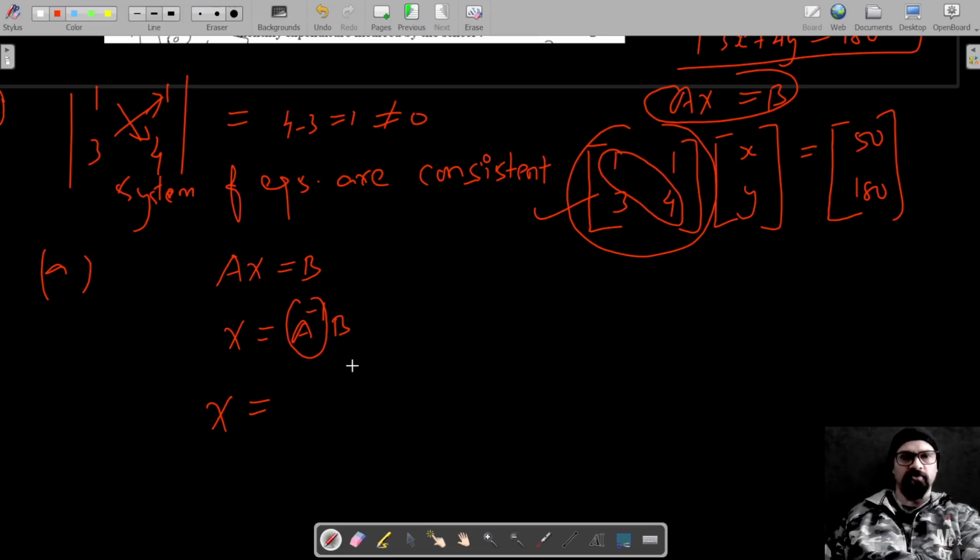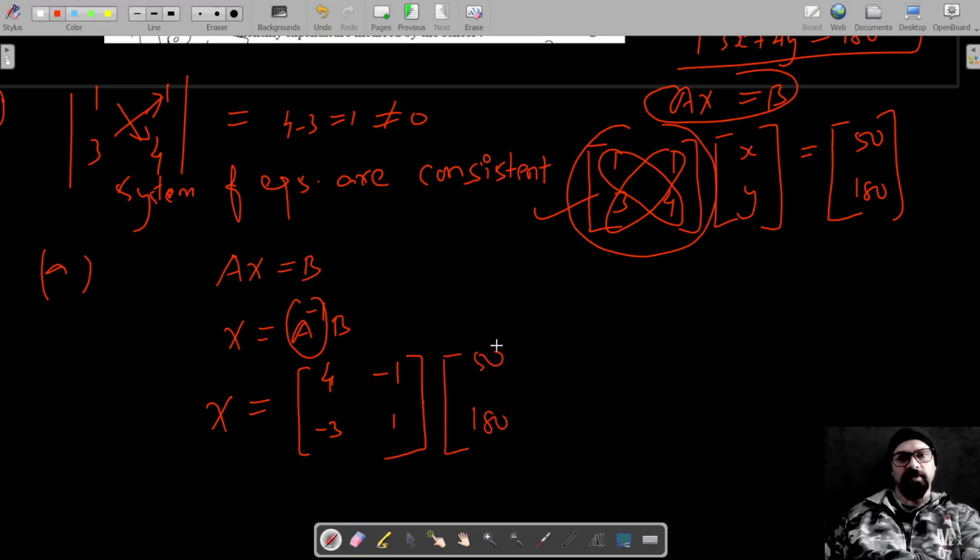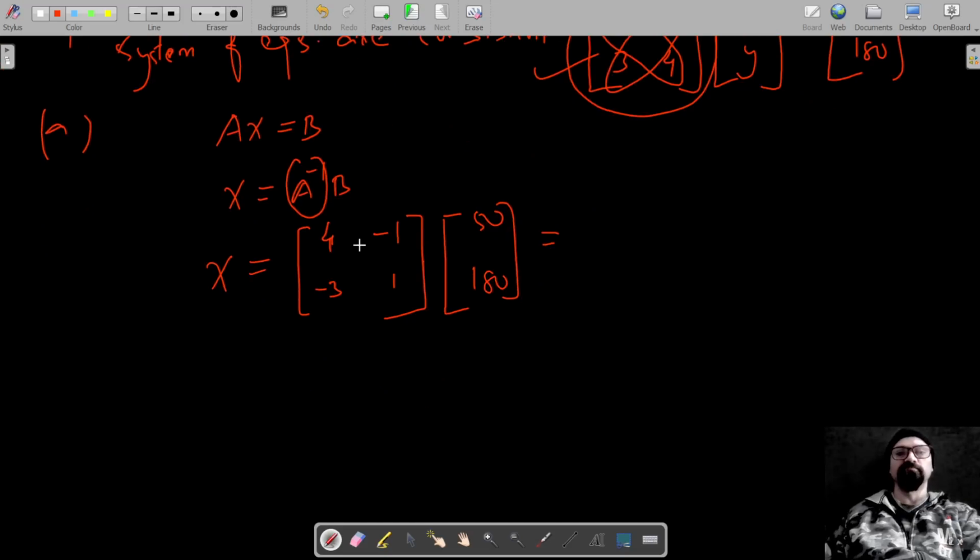The shortcut is to swap these two elements, that is 4 and 1, and change the sign of the other two, so that it would be -1, -3. So this is our A inverse: 4, -1, -3, 1. And now we have to find its product with B, which is 50, 180.